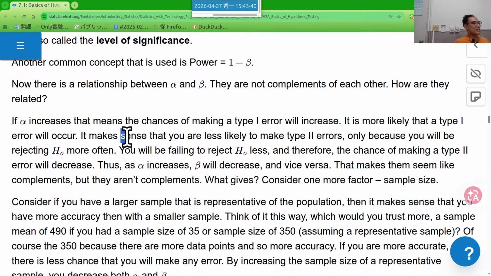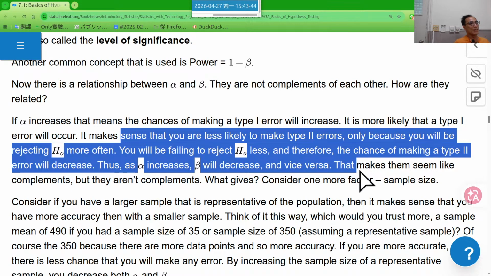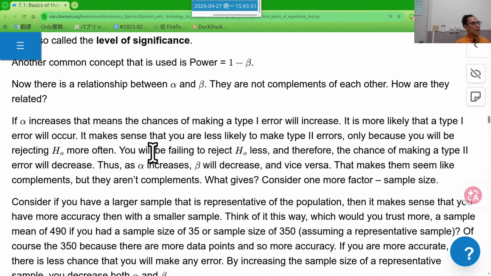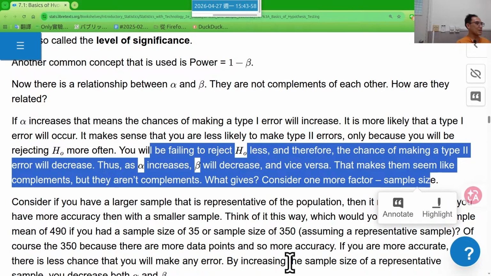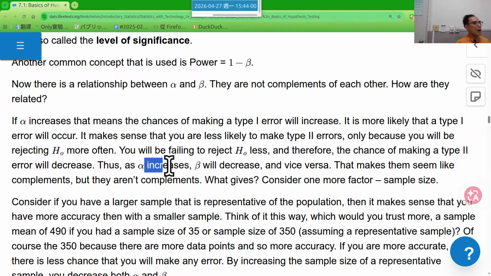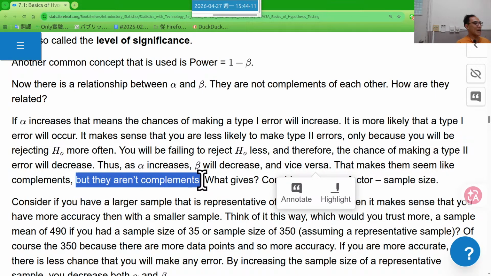It makes sense that you are less likely to make type 2 errors, because you will be rejecting H0 more often and failing to reject H0 less, so the chance of a type 2 error will decrease. Thus, when alpha increases, beta decreases, and vice versa. That makes them seem like complements, but they are not.